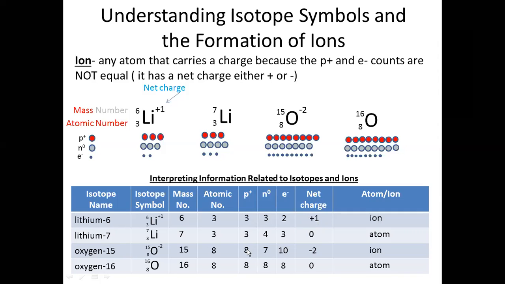If you look down here for oxygen, there are 2 more minus pieces called electrons than there are plus pieces called protons. Net charge is minus in that case. If the protons and electrons are equal, net charge is 0. Whenever the net charge is 0, we're talking about atoms. Whenever there is a net charge, then we're talking about ions. Ions could be either positive charge or negative charge.